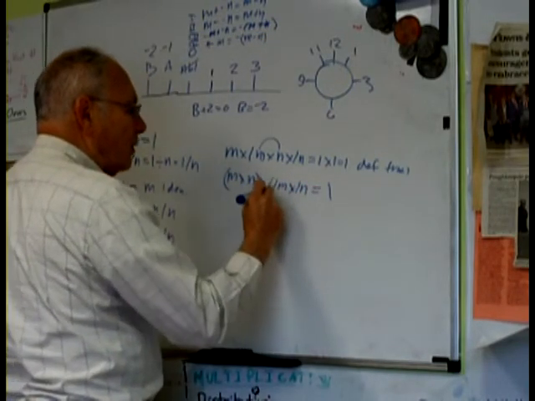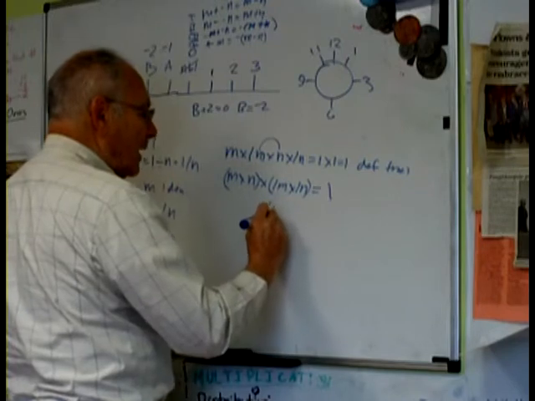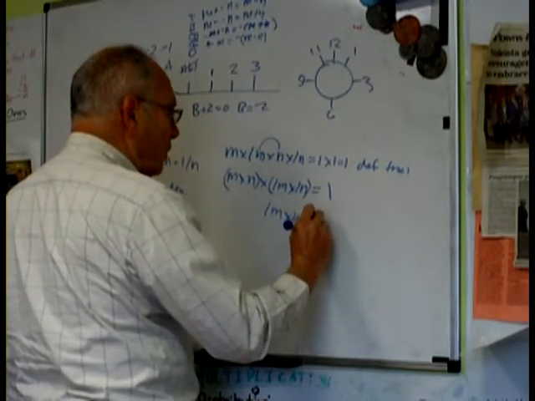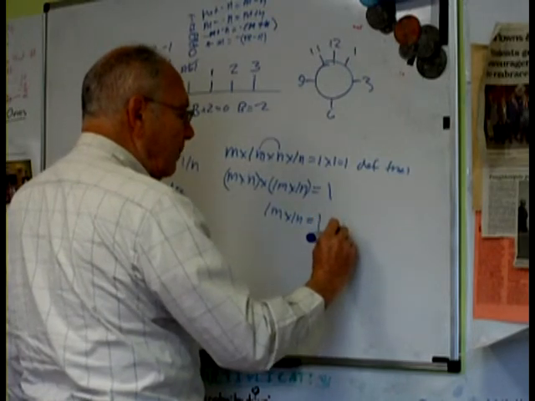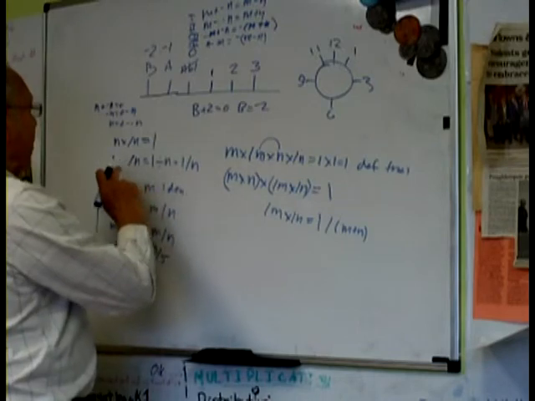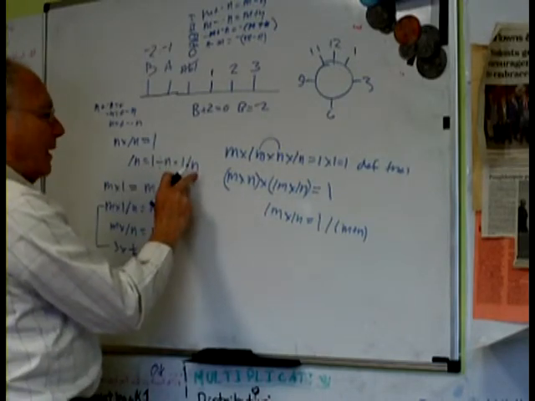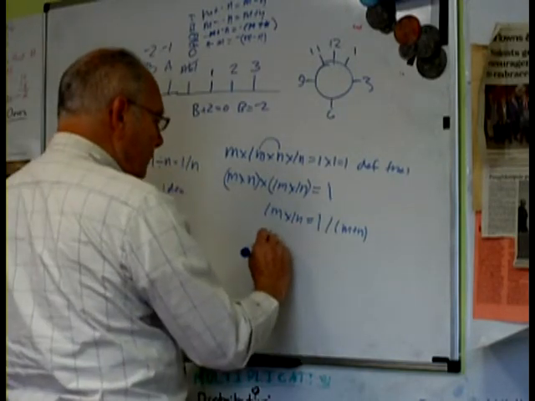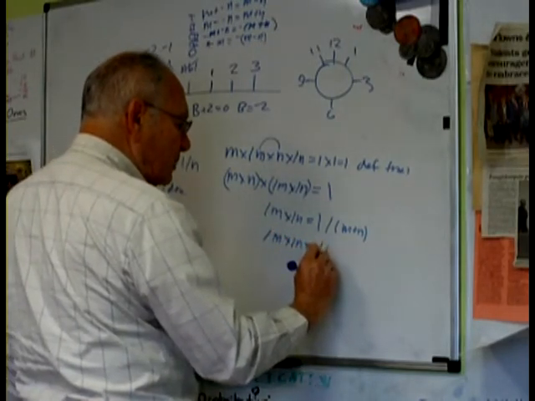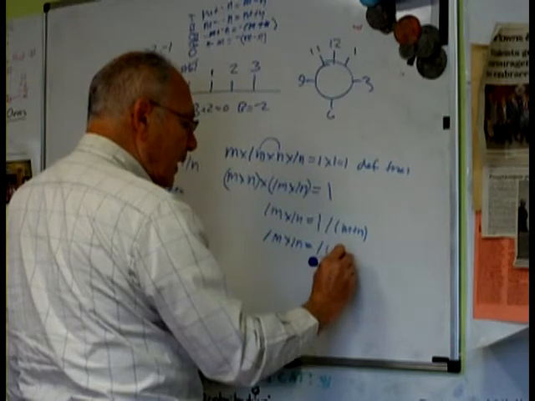We get slash m times slash n is equal to 1 divided by m times n. And if we come up here and look at our definition, 1 divided by n is equal to slash n. So we have m times slash n equal to slash m plus n.